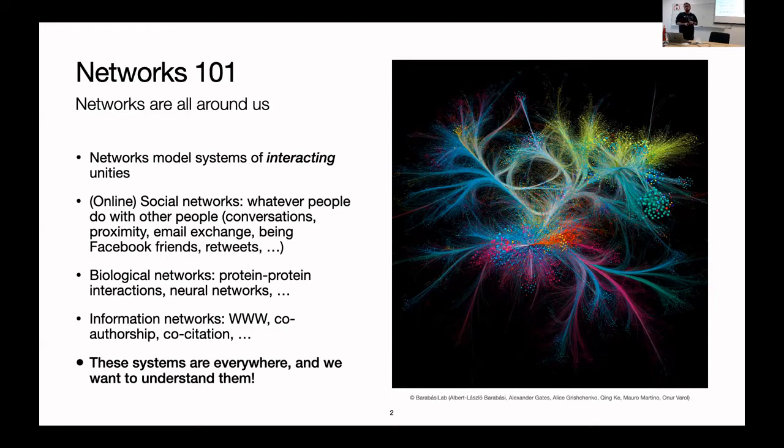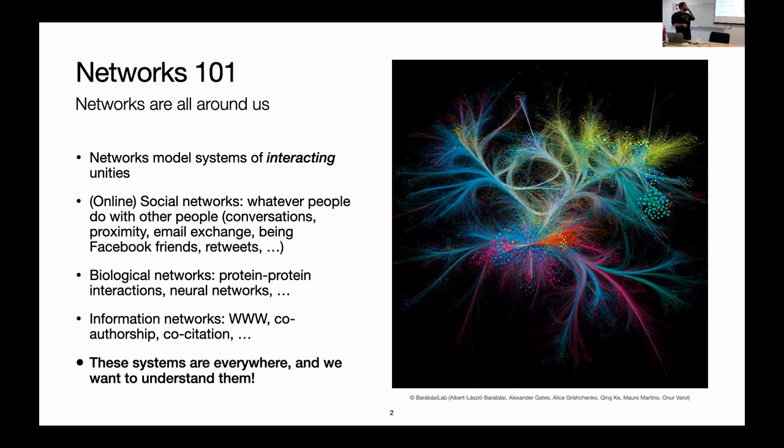From social networks, both online and natural, so offline: people that interact, for example people that communicate, or proximity networks, basically people that are near each other, but also online social networks like Facebook friends, retweeting on Twitter, or email exchange.